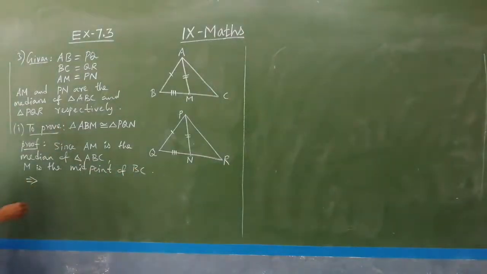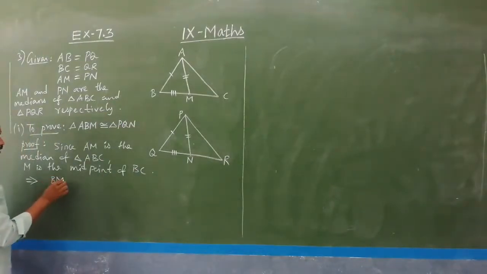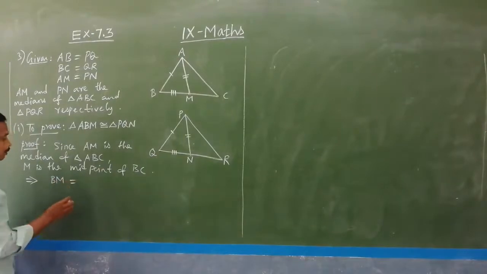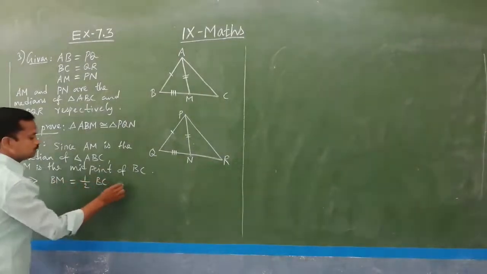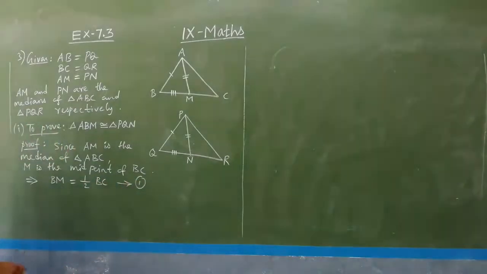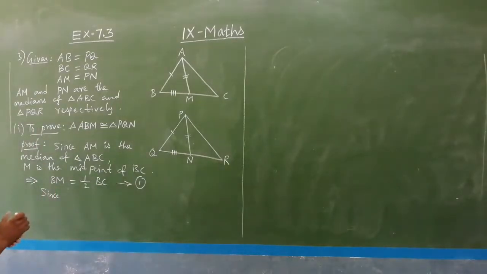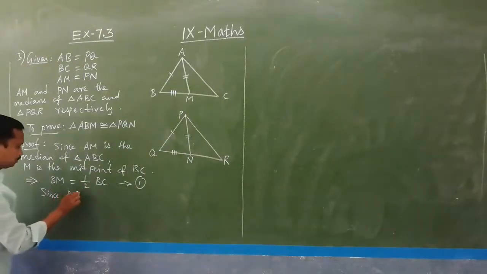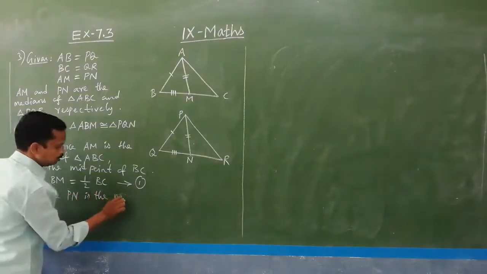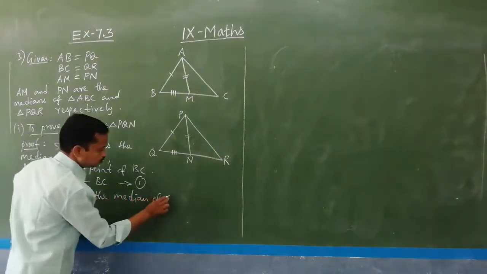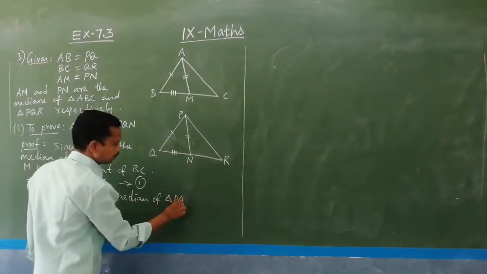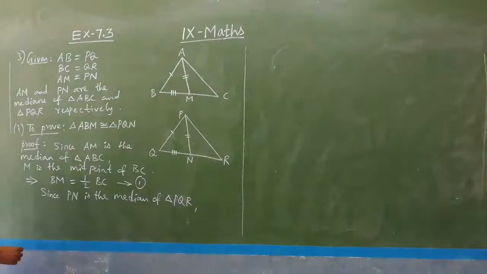This implies BM equals CM, or we can have BM is equal to half of BC, like that we can have. And since, what you can say next, PN is the median of triangle PQR, N is the midpoint.